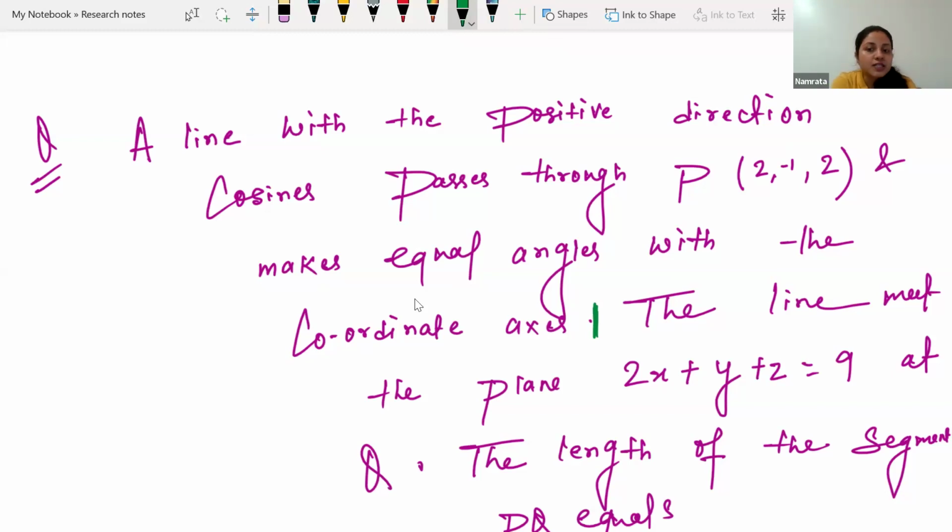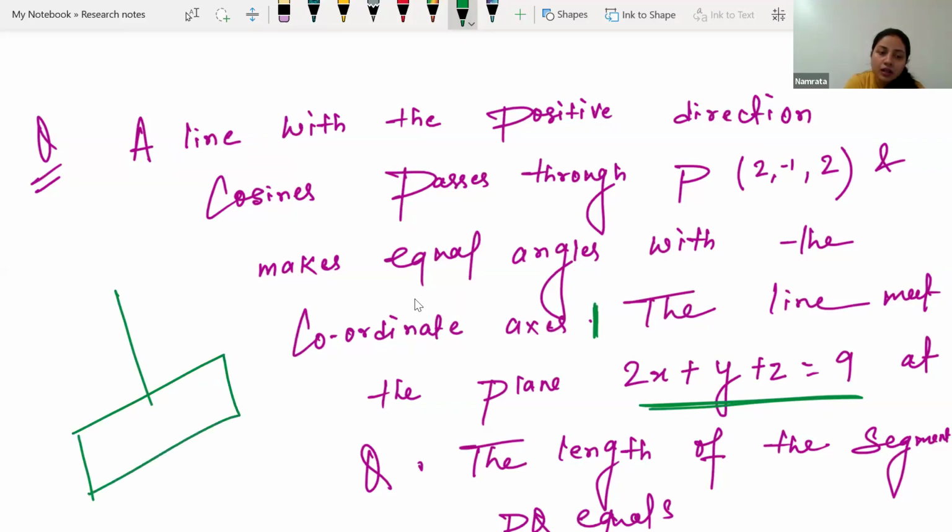Now the next statement says that the line meets the plane. Okay, so the line meets this plane at Q. The line meets the plane at a point Q. So this point Q is lying on the line, and this point Q is lying on the plane. This is the point of intersection of the line and the plane.